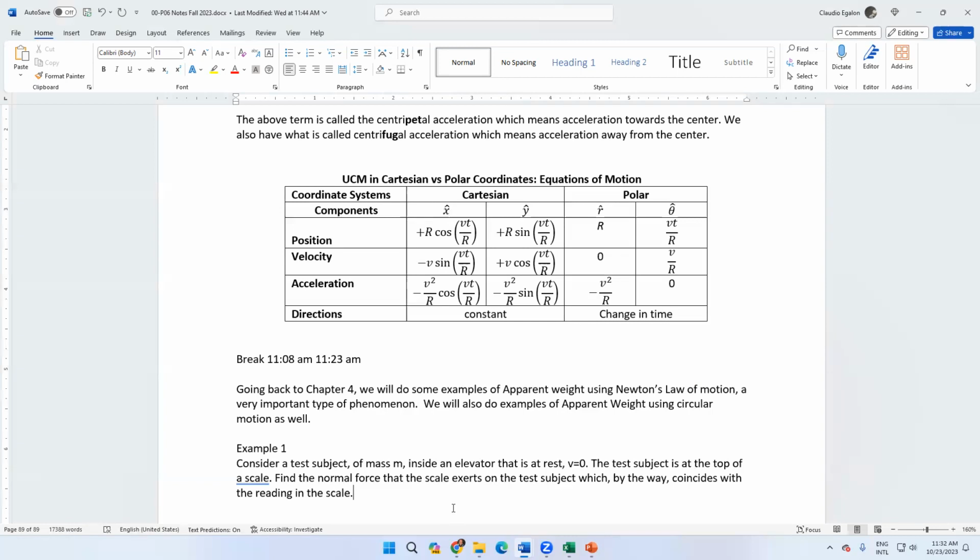It is something else. It is the normal force that the scale is exerting on you. It just happens that under certain circumstances, the normal force coincides with your weight, okay?